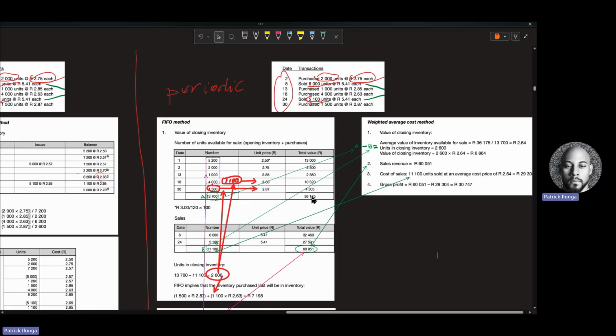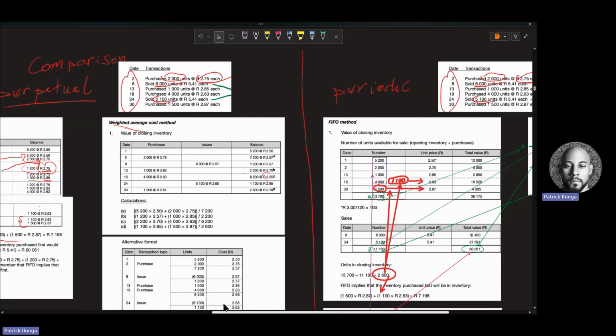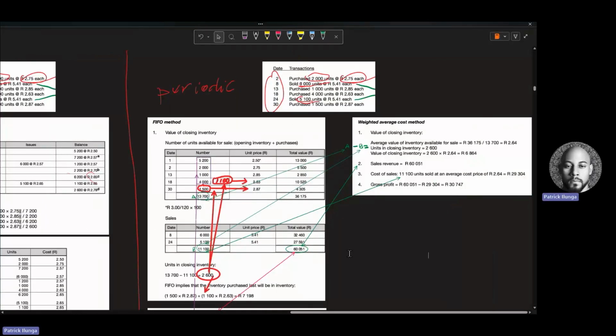Remember, we calculate the total at the end because it's periodic. You don't need to calculate the average during the transactions. You don't get an average after each purchase. Remember, you get an average after each purchase for the perpetual weighted average. But for the periodic weighted average cost method, you don't do that. You do it at the end.